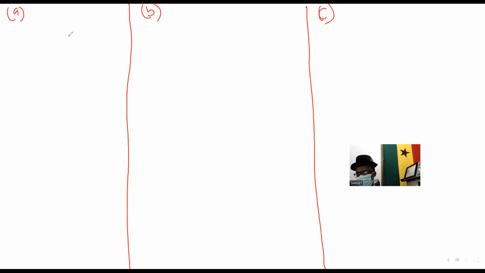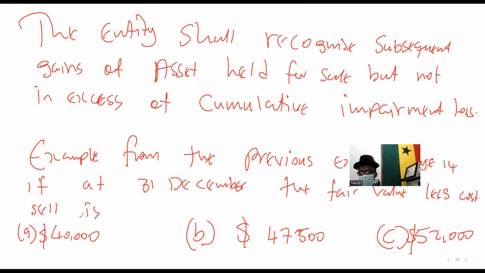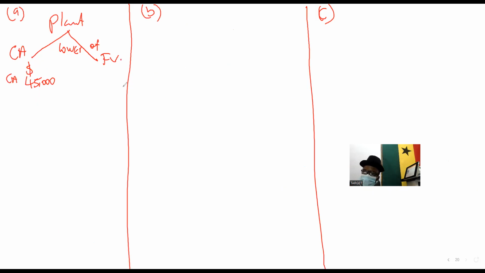First thing, you still compare the plant: lower of carrying amount and fair value, less cost to sell. What is the carrying amount? The carrying amount is $45,000, please. But that's now A. Fair value less cost to sell is $40,000.